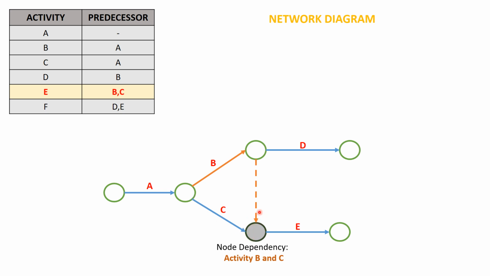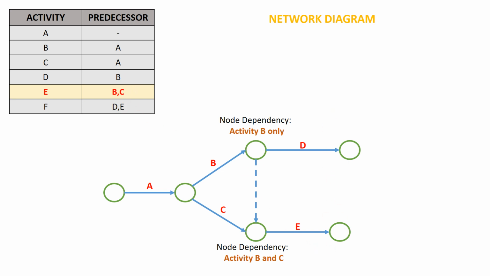So there are two activities coming onto this node, activity B and activity C. In general, at the node at the top we only have activity B, and at the node at the bottom we have activity B and activity C. Be careful. You can look at the table mentioned over here and compare it with the predecessor relations for these two activities.